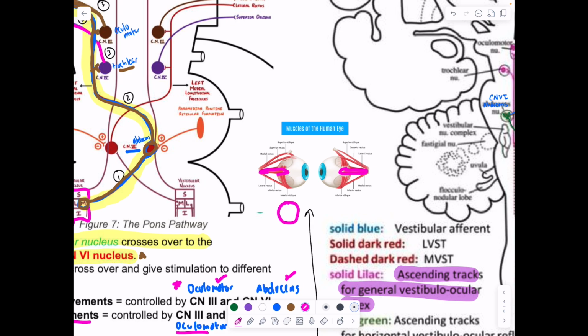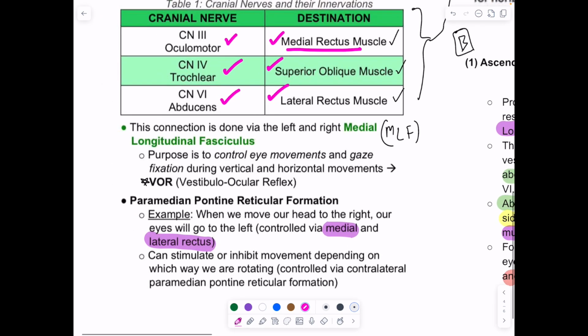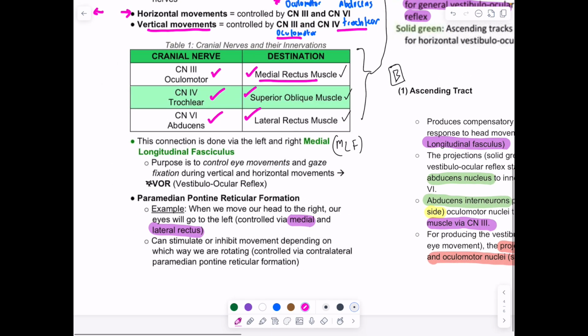So think about it like this, two eyeballs that we're looking at. Medial rectus is on the inside, lateral rectus on the outside, okay? And then superior oblique comes in like this, and yeah, so oculomotor, medial rectus, trochlear, superior oblique, abducens, lateral rectus.